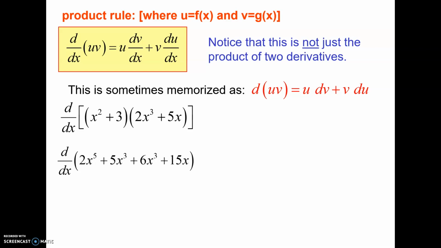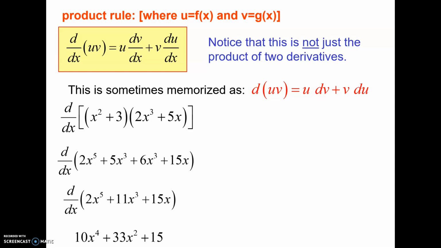Now, if we took the derivative term by term, the derivative should be, simplified, 10x to the fourth plus 33x squared plus 15, using all of our rules that we have up to this point. This should be the derivative of this function.